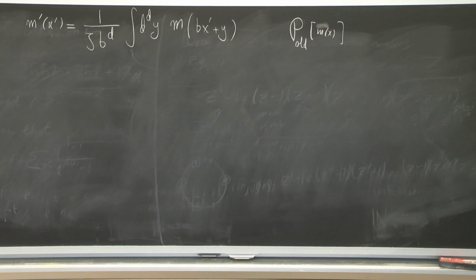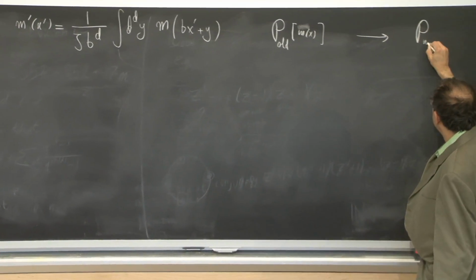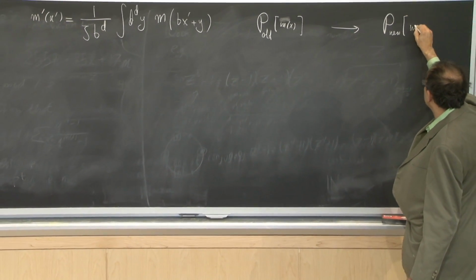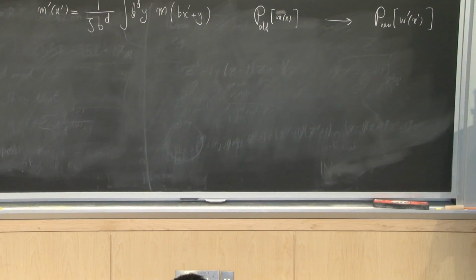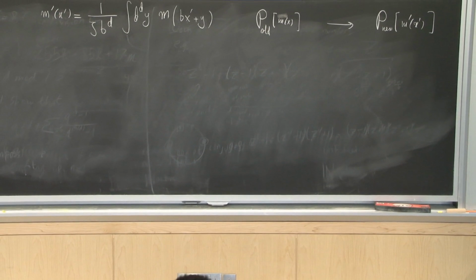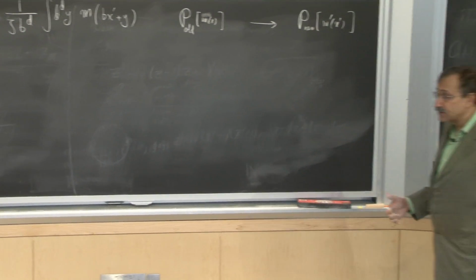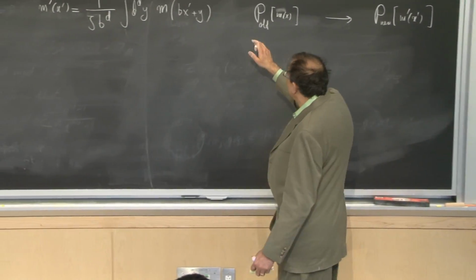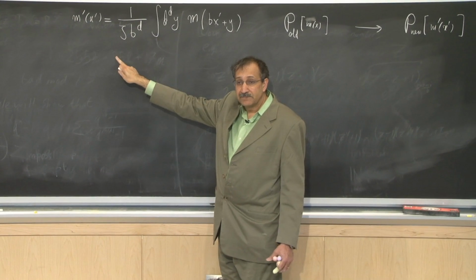Then after this transformation, there will be a probability that describes these configurations M prime of x prime. Now you know that averaging is not something that you can reverse. So this transformation going from here to here, I cannot go back.